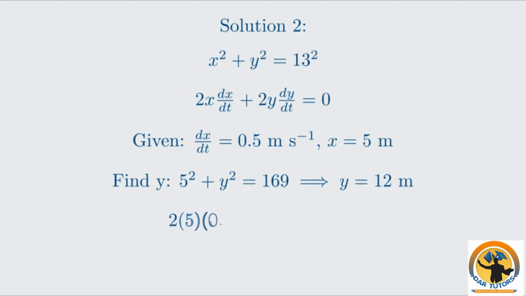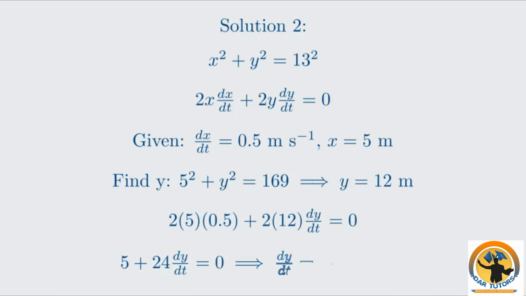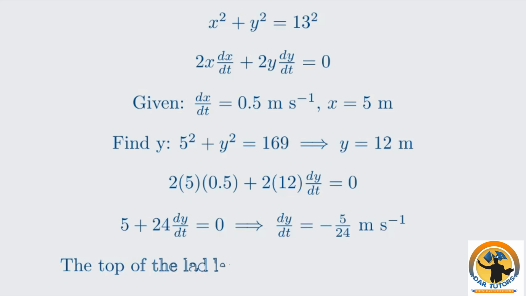Substituting, we get 2 times 5 times 0.5 plus 2 times 12 times dy/dt equals 0. This simplifies to 5 plus 24 dy/dt equals 0, so dy/dt is negative 5 over 24 meters per second. The top of the ladder is sliding down at 5/24 meters per second.